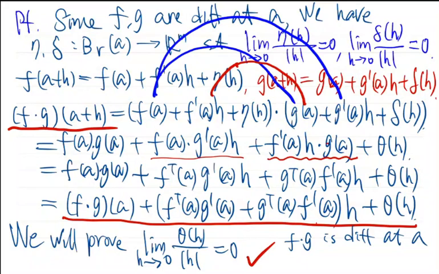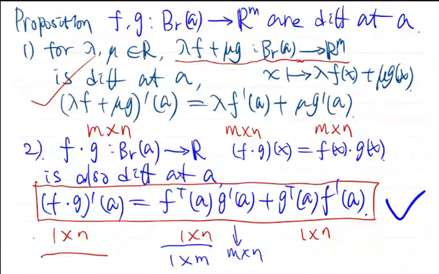The derivative at A is here. This is the matrix A in the definition of differentiability. So this tells us that the derivative of f·g at the point A is the sum of these two terms. This is precisely our conclusion here.